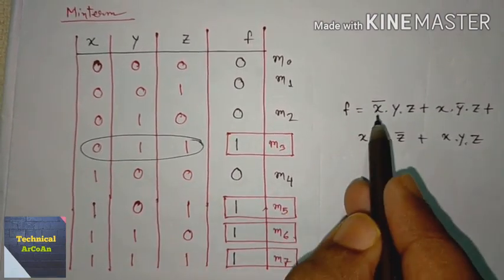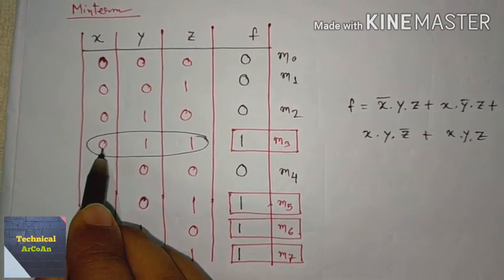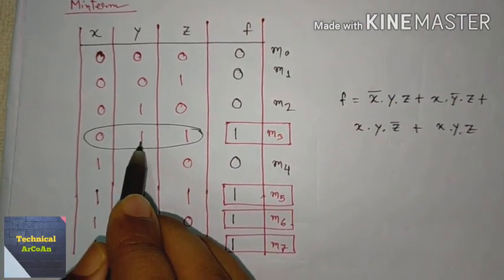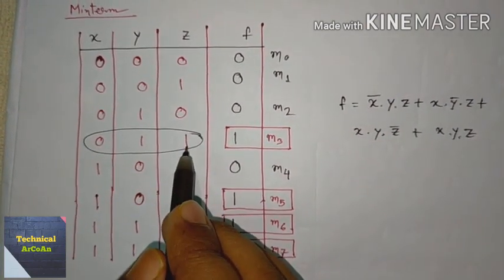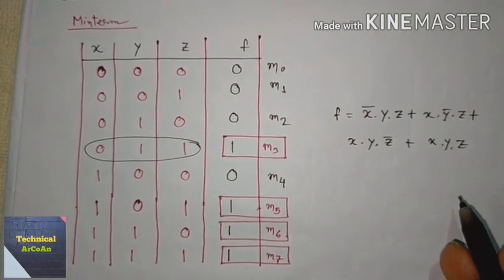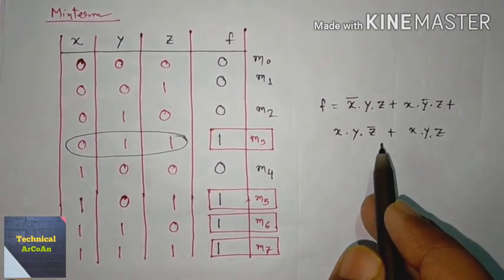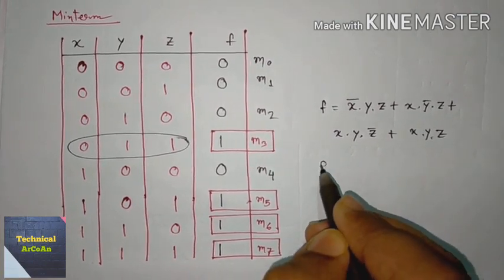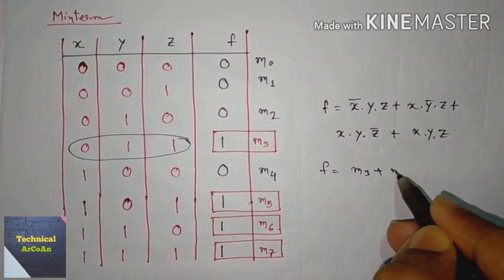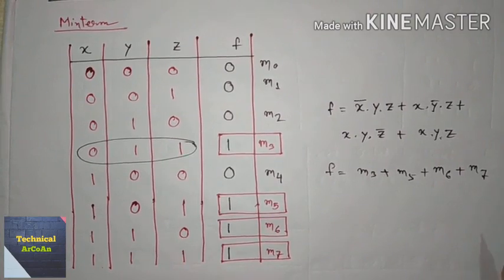So we take this example. What we write is x complement dot y dot z. Why? Because x is 0, and 0 means complement as far as the min term is concerned. So x complement, and this is a product term, that's why dot y, which is 1 so normal, and z is also 1, so it is normal, and in that way the rest of the values should be written. Now this expression can also be represented like this: f equal to m3 plus m5 plus m6 plus m7.